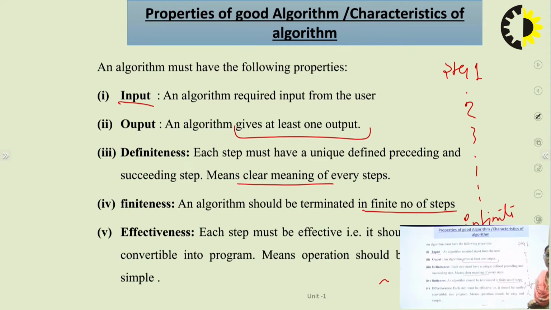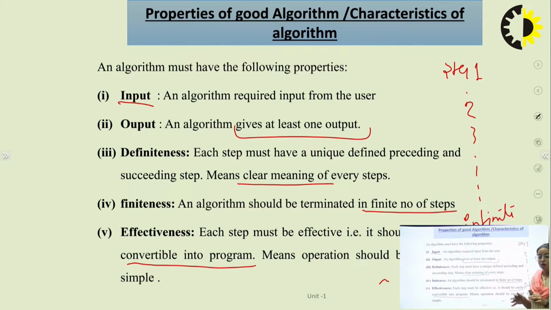And the last one is effectiveness. Effectiveness means each step must be effective. Why are we writing the algorithm? To convert this algorithm into a program. So the steps that you design must be easily convertible into a program. You should not create steps so complex that we are not able to convert them into the program.